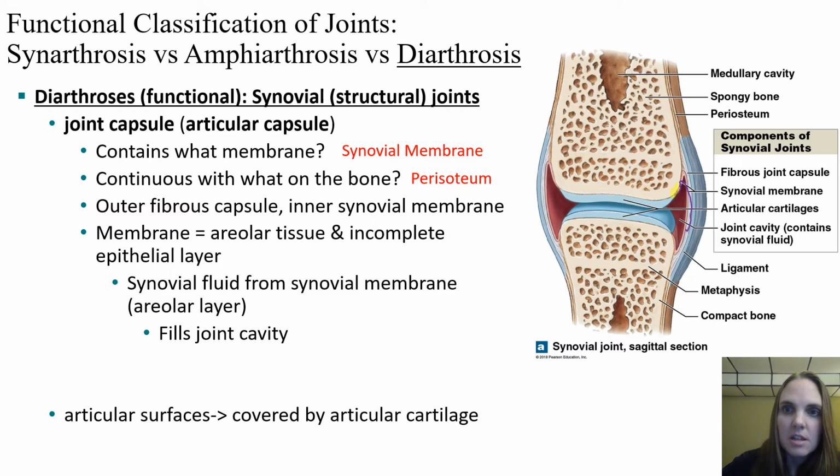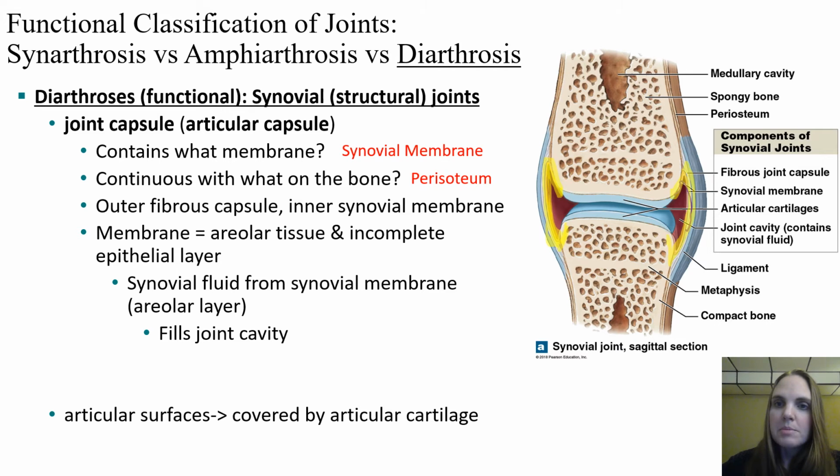Hopefully you're seeing that on the right-hand side. Now I'm going to go on the left-hand side. Not working as great as I would want, but here on the inside of that joint capsule, you can see that synovial membrane. It's that thin pink line.